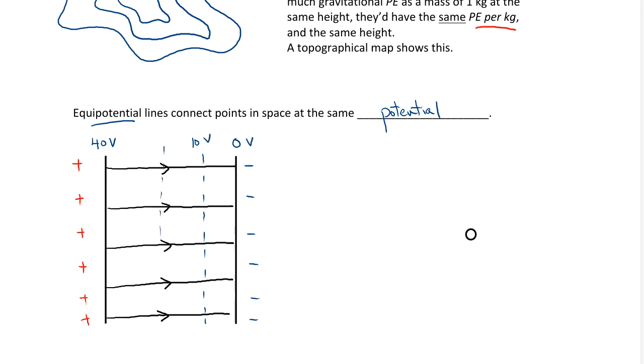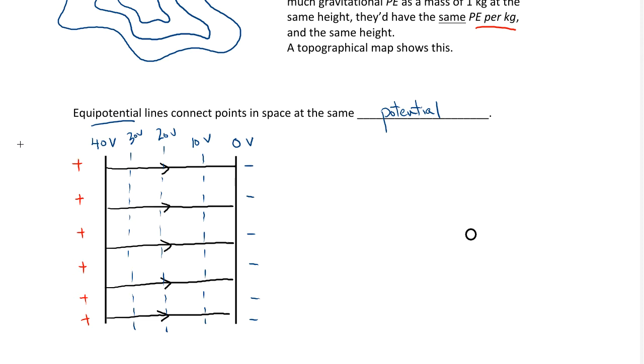Over here, 20 volts. And over here, 30 volts. So we've got these equally spaced lines that are perpendicular to our field lines, and these are equipotential lines. All points along this blue line are at the same potential, 10 volts, relative to 0 over here. All points along here are at 20, etc., etc.